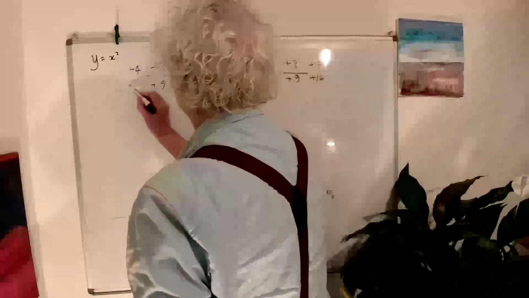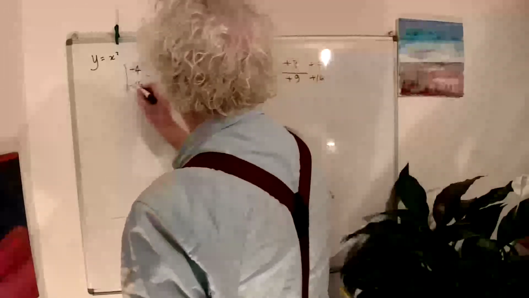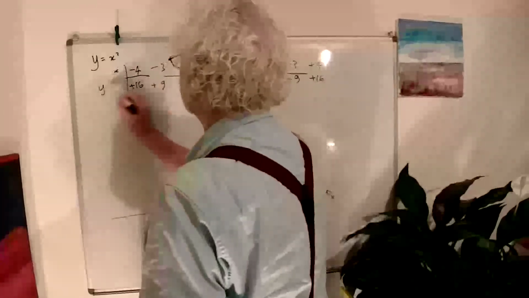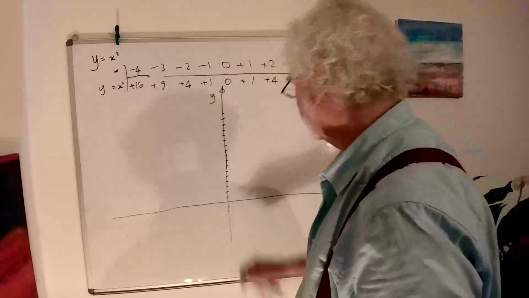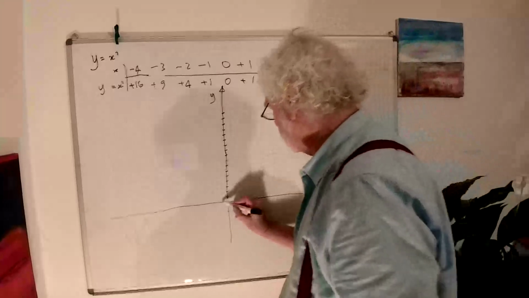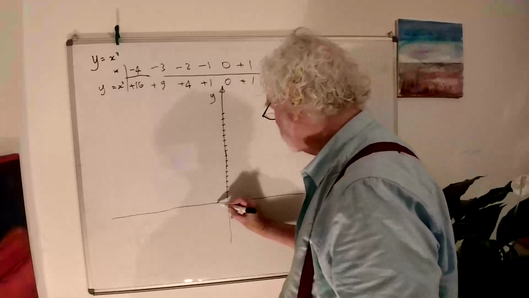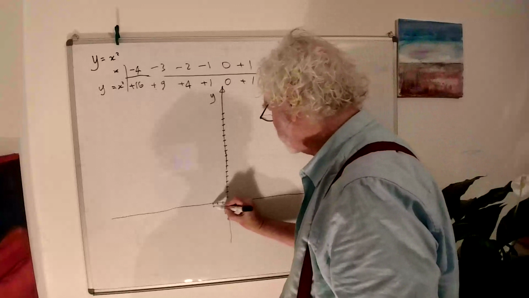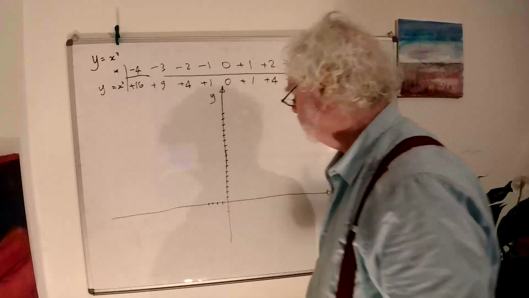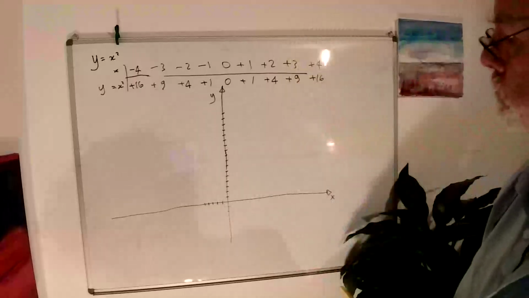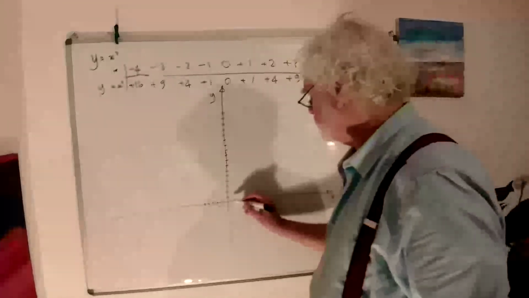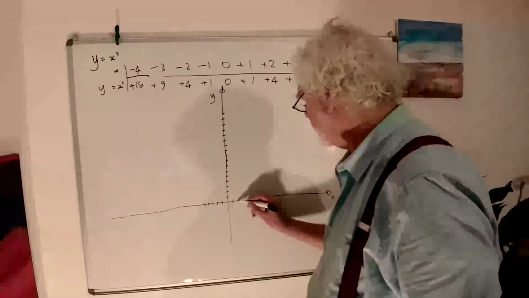So what I'm actually going to do is squeeze in the minus 4, plus 16, for x and y equals x squared. So here's minus 1, minus 2, minus 3, minus 4, minus 5. It doesn't range over very far over x, this.